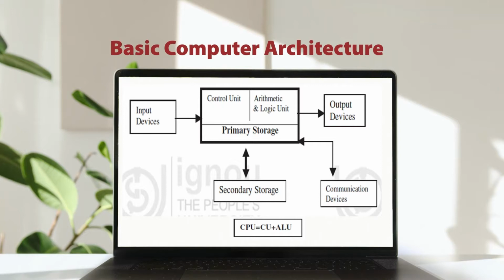So, in this diagram you can see the input devices, then the output devices, then secondary storage, and inside a basic computer system you have its processor and main memory. CPU is generally known as the processor of the computer system, and CPU basically consists of control unit and arithmetic logic unit.